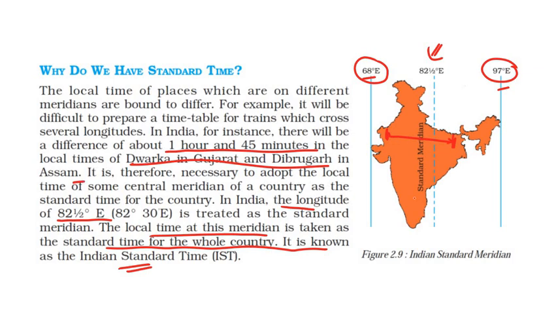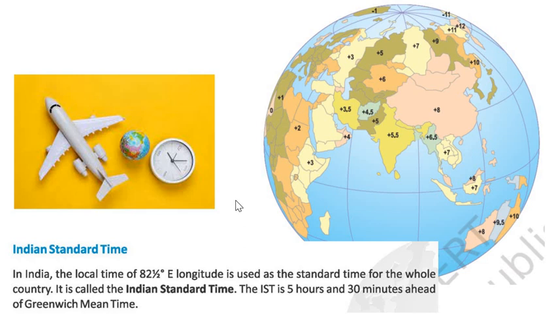If we use the standard time, we can use an overall single timetable. So this is what I was telling previously: we have to adopt a standard for the whole of India. So this is our Indian Standard Time, which is 5 hours 30 minutes ahead of the Greenwich Mean Time.